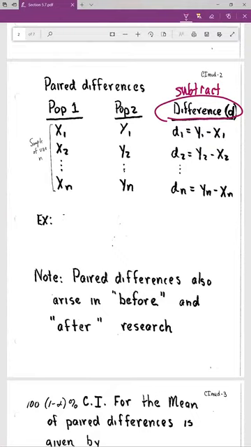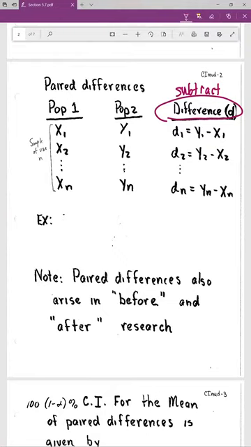So we have this thing called natural pairing, which occurs when comparing different things to each other wouldn't make sense. As in, it wouldn't make sense to compare your first day of practice to Susie's last day of practice, or Johnny's first day of practice to your last day of practice. That doesn't make sense. We wouldn't do that. We would compare your first day and last day.